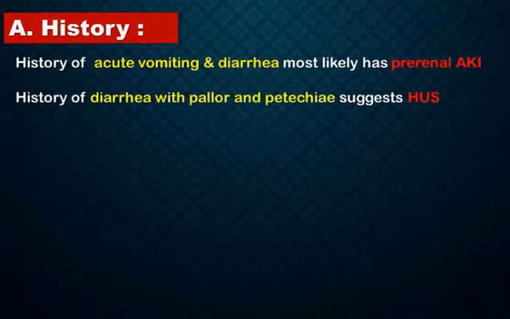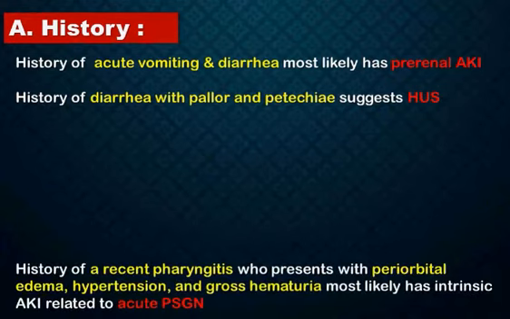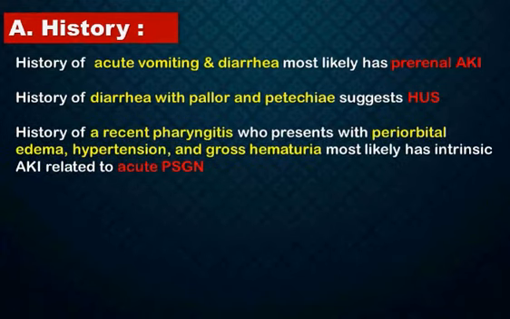A history of diarrhea with pallor and petechiae suggests hemolytic uremic syndrome, especially if it is bloody diarrhea. A history of recent pharyngitis within the last 2 weeks or more, presenting with periorbital edema, hypertension, and gross hematuria on general urine examination, goes with acute post-streptococcal glomerulonephritis, and this means intrinsic acute kidney injury.